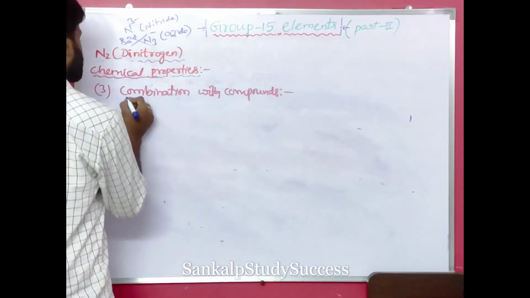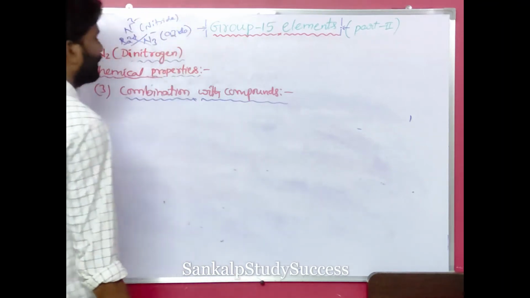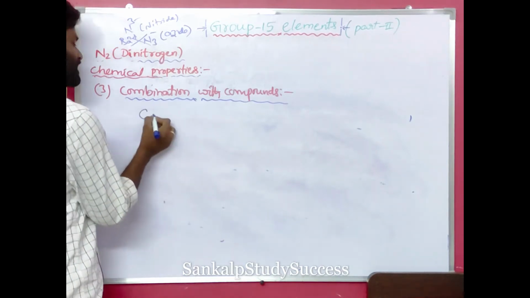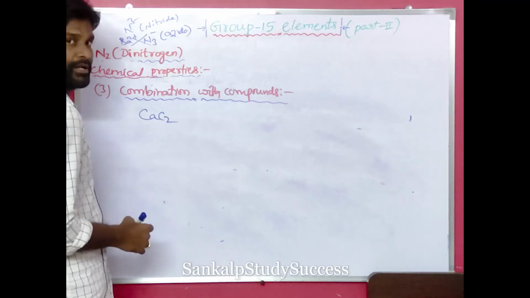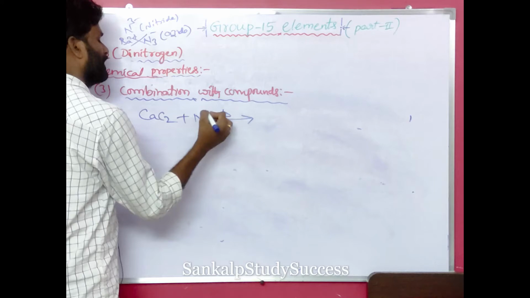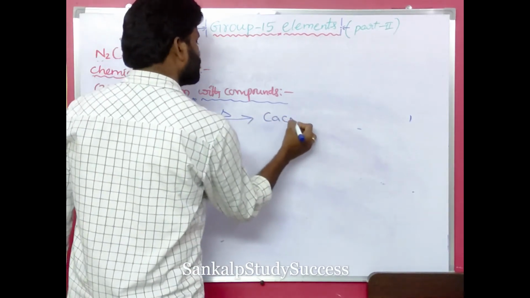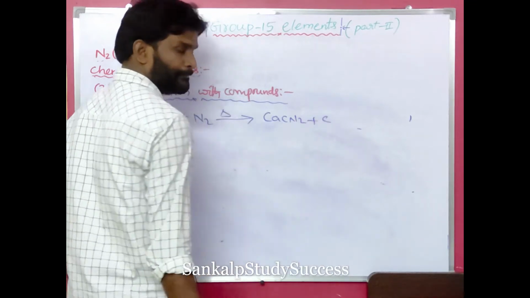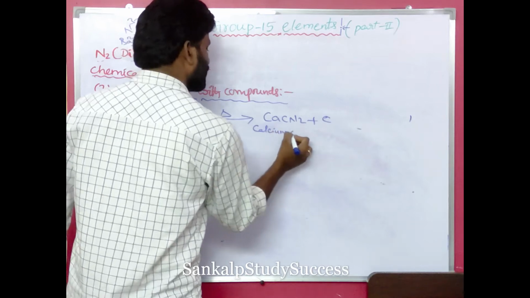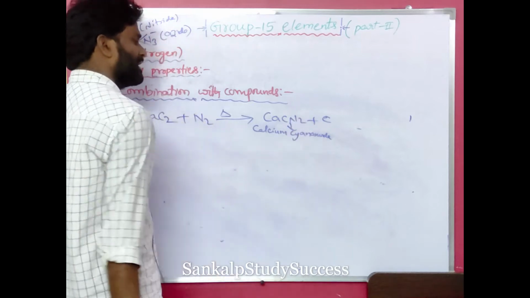We can take calcium carbide, CaC2. Calcium carbide can be treated with nitrogen to form CaCN2 plus C. CaCN2 is said to be calcium cyanamide.